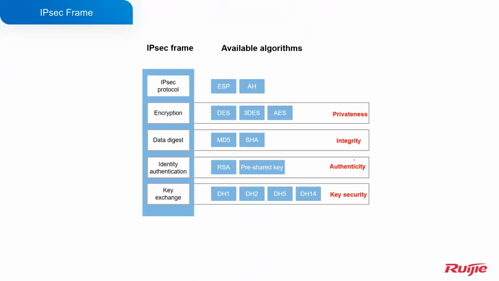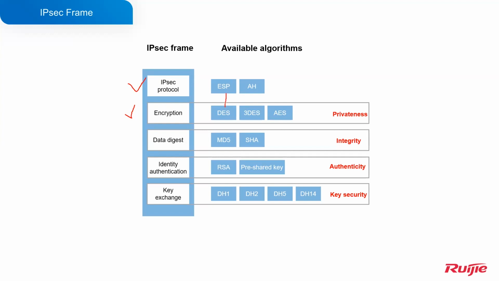And then about the IPSec frame, the whole process, you have to choose which IPSec protocol you want to use, ESP or AH. AH can only provide authentication, but ESP can provide authentication and encryption together. The second is encryption. For encryption, you can use DES, 3DES, or AES.